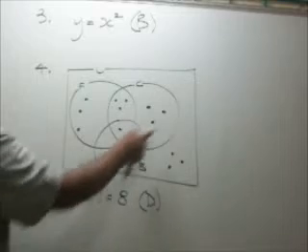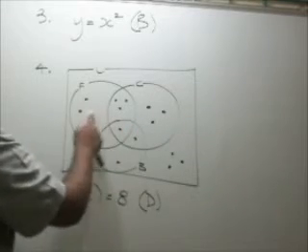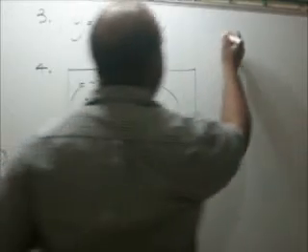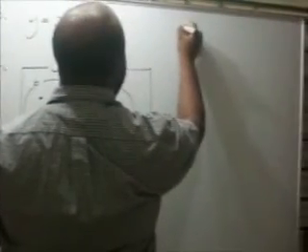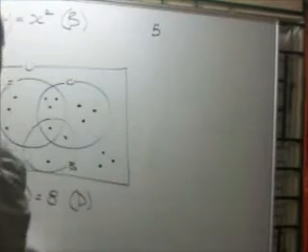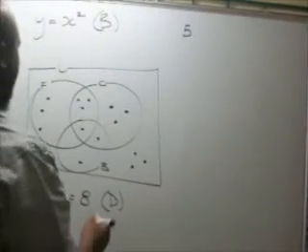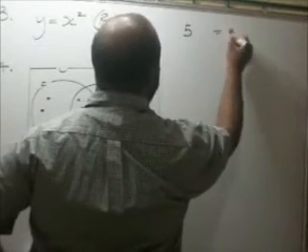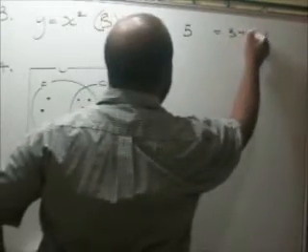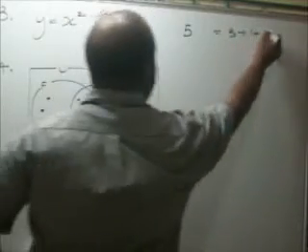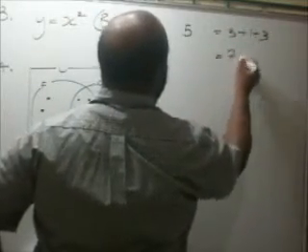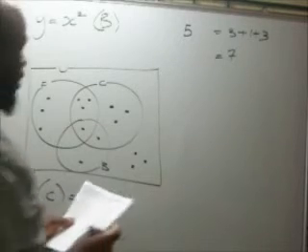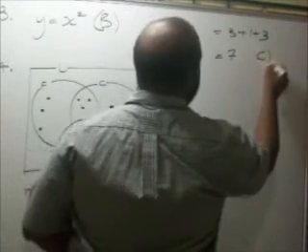So all these people combined only play one sport. For question number 5, the number of persons who play only one sport, you can add them up. That is equal to 3 plus 1 plus 3, and that is 7. So 7 persons in Form 1 play only one sport, and that is C.